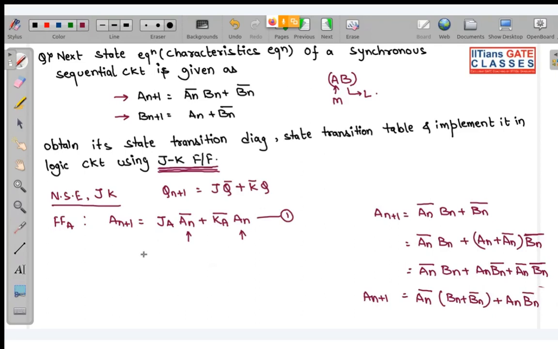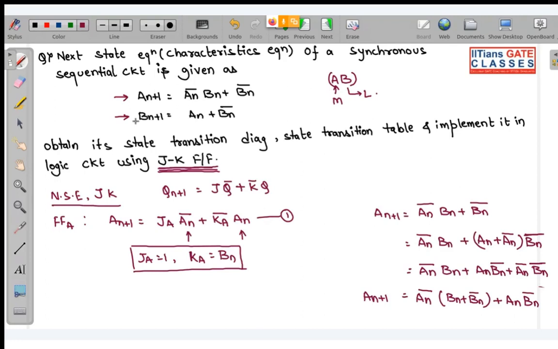Now if you compare, you can see Ja is equal to 1 and Ka is equal to Bn. Now this is correct. So don't make mistakes in all these things, okay? Quickly note it down.